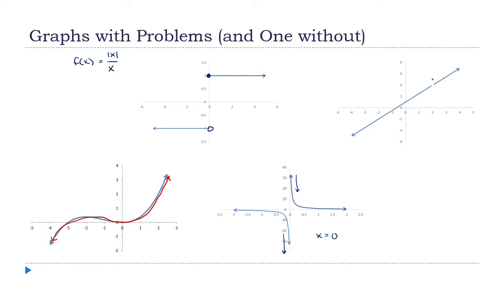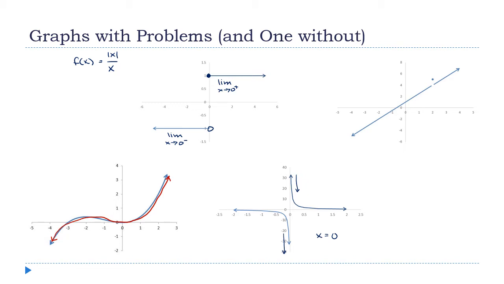And that's something I want to rule out. What I want to observe about this function is that the limit as x approaches 0 from the left and the limit as x approaches 0 from the right aren't the same. The function doesn't match up, if you will, at that point.